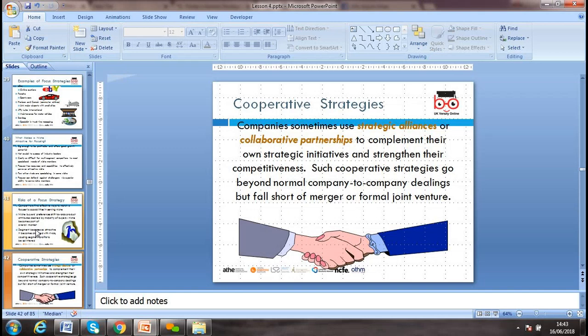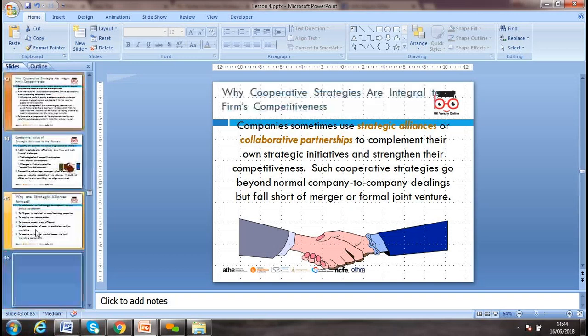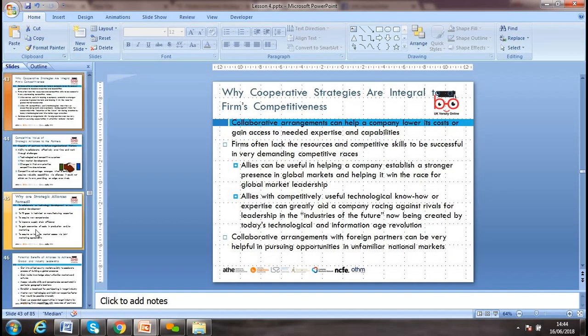Alliance means, okay, a courier service and Amazon become a strategic alliance and work together to achieve an overall objective, a collaborative partnership that complements their own strategic initiatives and strengthens their competitiveness. Such cooperative strategies go beyond normal company-to-company dealings and fall short of mergers or formal joint ventures. Two companies together, rather than being taken over by others, merge for the common interest.